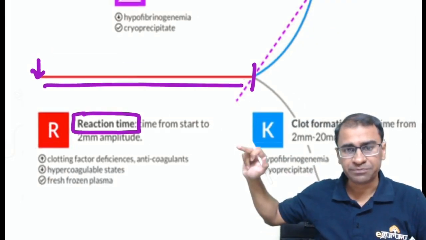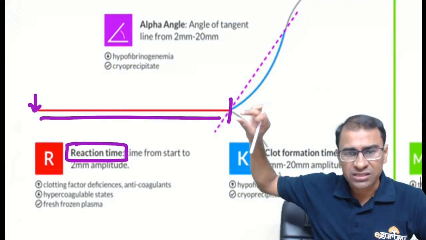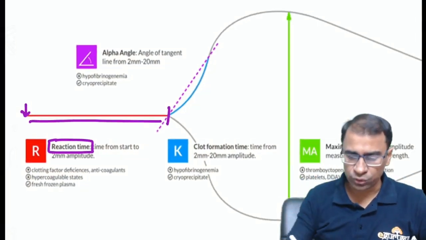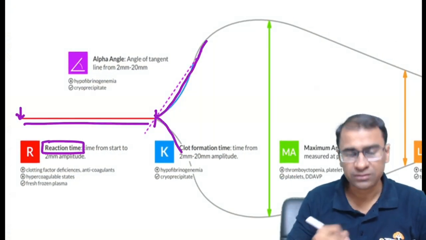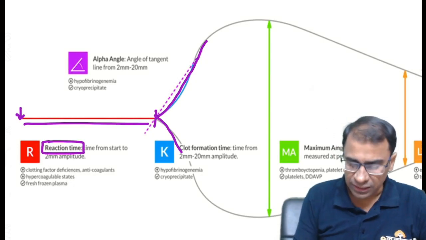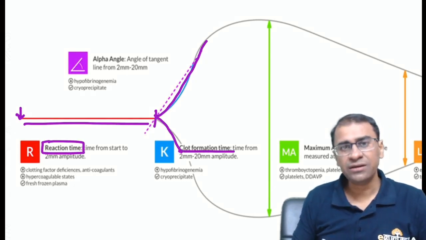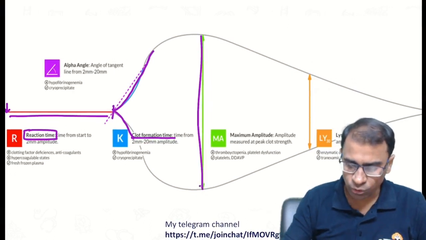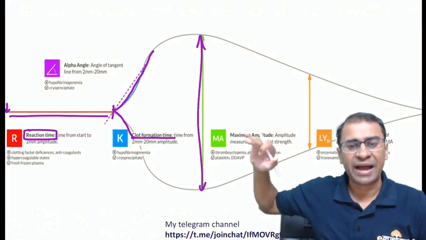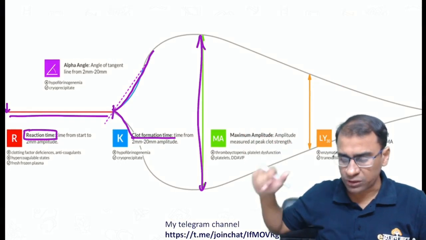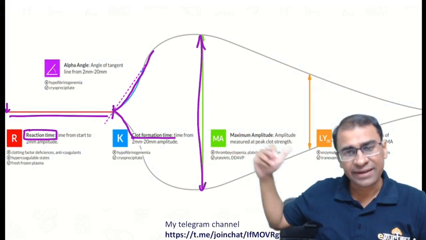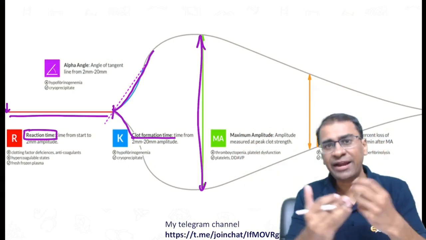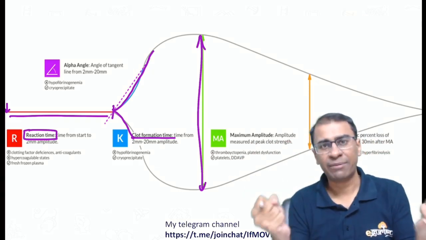Now see, at this point, the clot is starting to form. Here the clot has formed. The clot formation time is again measured, which can tell you the amount of fibrinogen. The maximum amount of clot formed is measured by the maximum amplitude, which tells you about the platelet number. It tells you about the combined action of the platelets and the fibrin both.